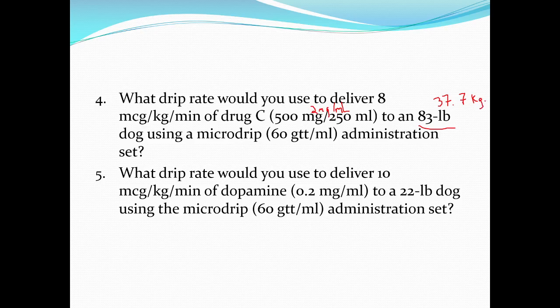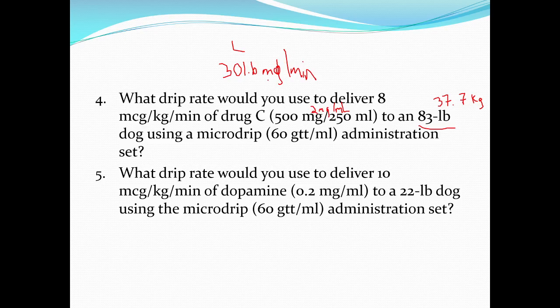If we're delivering 8 micrograms per kilogram, if you take 37.7 times 8, you get 4, sorry, that's not right. I did a divide. 8 times 37.7 is 301.6 micrograms per minute, that's our dosage rate. Okay?